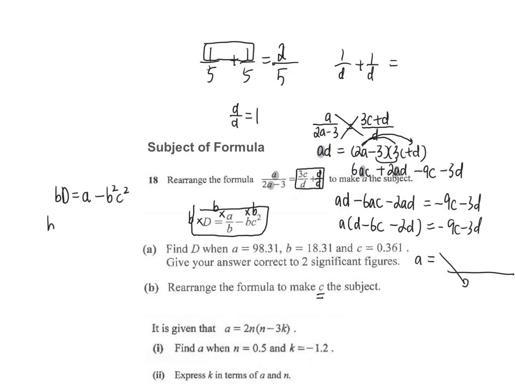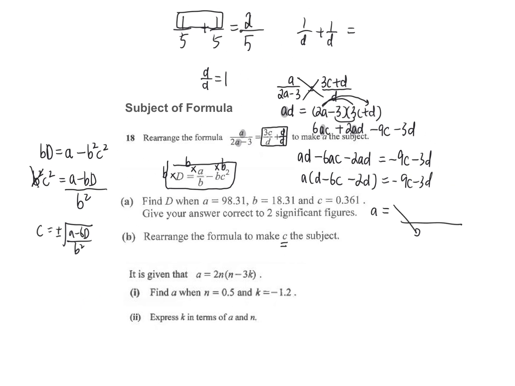So I bring my B square C square here, then divide by the B square. Then I'm almost done by taking a square root. So I just want you to see that if you see questions like that, please make sure that you do the right thing. Okay, so subject of formula also 1. So much practice for 1. Okay, make sure you can.